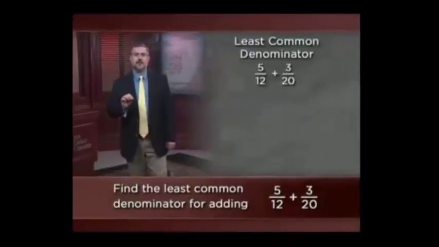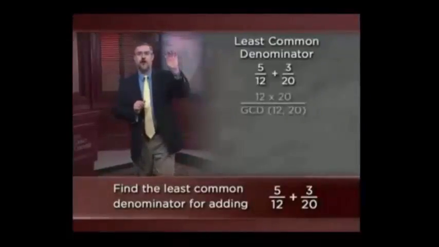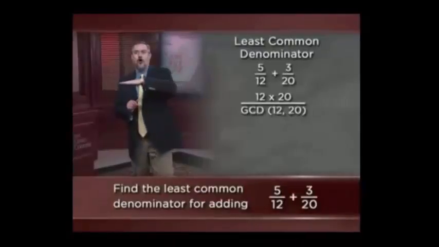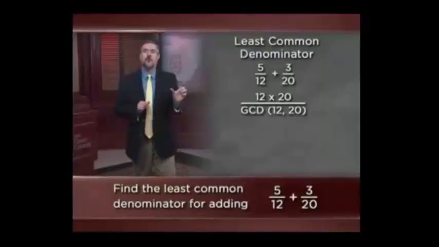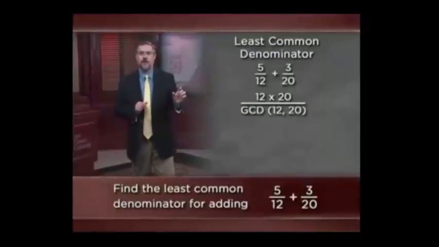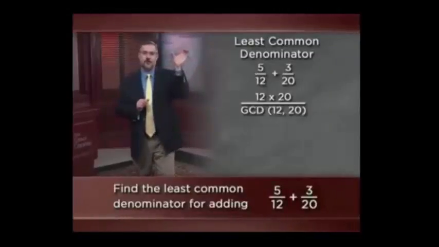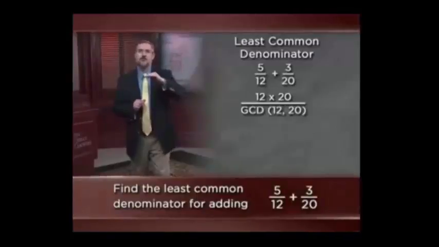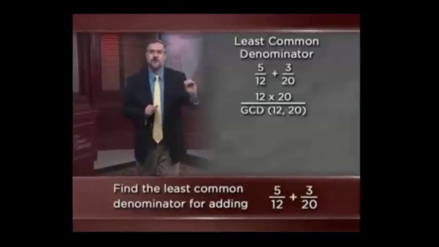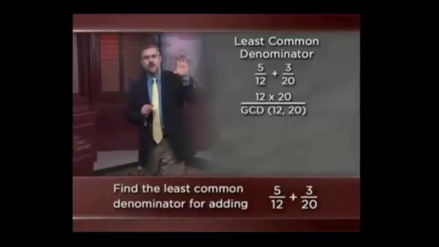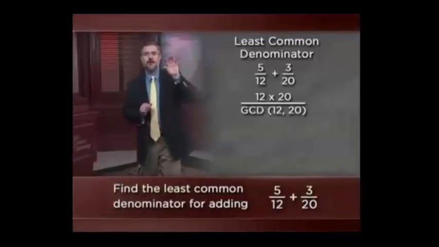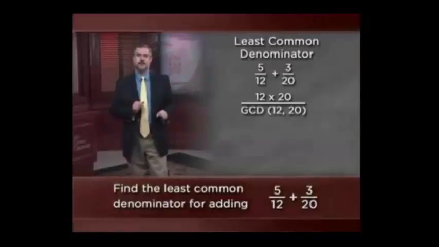The least common denominator there is going to be the 12 times the 20, all divided by the greatest common divisor of 12 and 20. So we're going to build this fraction with the two denominators on top multiplied together, divided by the GCD of 12 and 20. And that ratio is going to tell me what my common denominator needs to be.